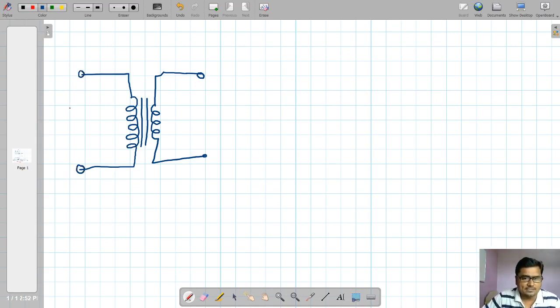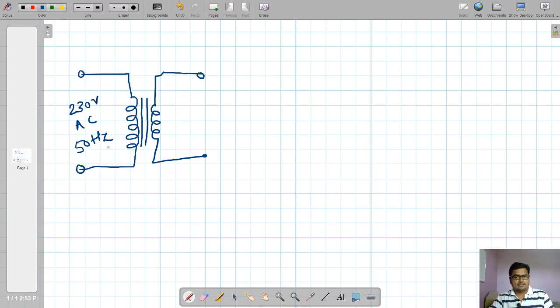Here at the input side it is 230 volt AC with frequency of 50 Hz. India uses 50 Hz frequency. Sometime I will tell you why India is using 50 Hz and why some European countries, even the US, use 60 Hz, but India sticks to 50 Hz. Whenever I get some time, definitely I will tell you the history of that 50 Hz frequency.